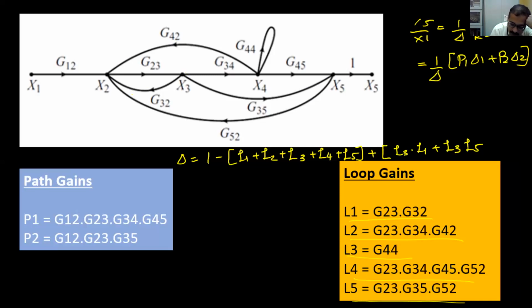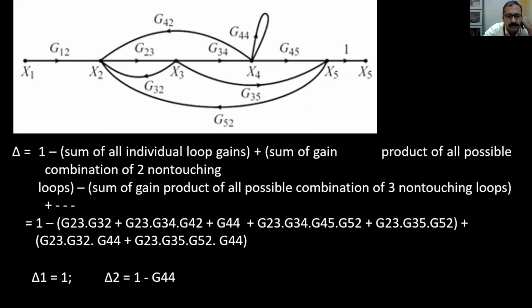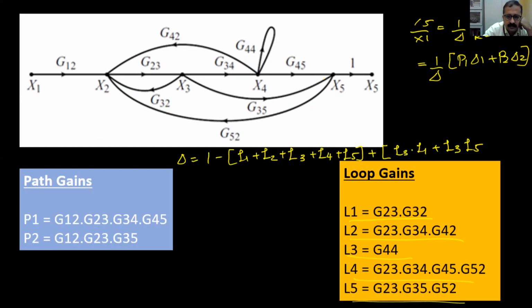This is 2 3 3 2, 2 3 3 4 4 5 2, 2 3 3 4 4 2. Yeah, that is also there. 2 3 3 4 4 5 5 2, 2 3 3 5. I don't think there are any other possible loops. Let me see. Only two possibilities are there, right? So these are the only two possible combinations.